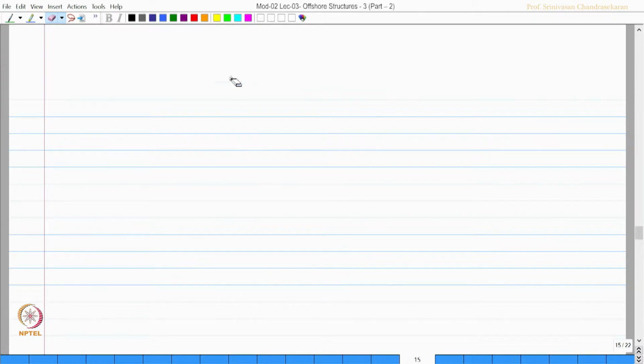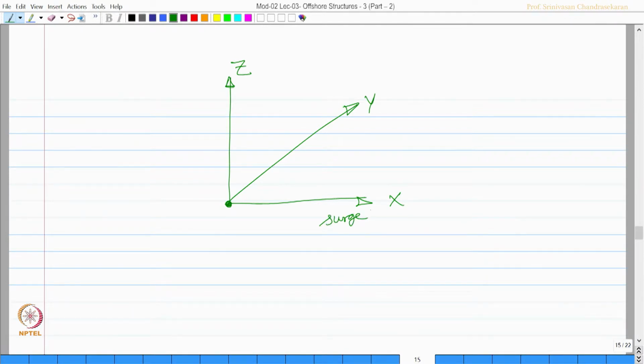Let us take 3 axes, x, y and z for any body in space. It has free displacement on all the 3 axes, surge, sway and heave.